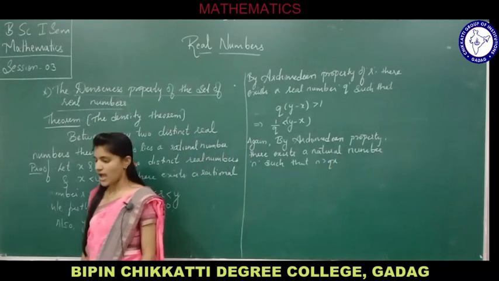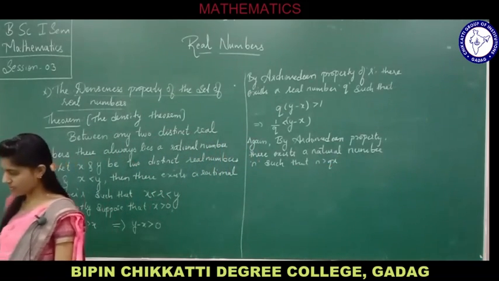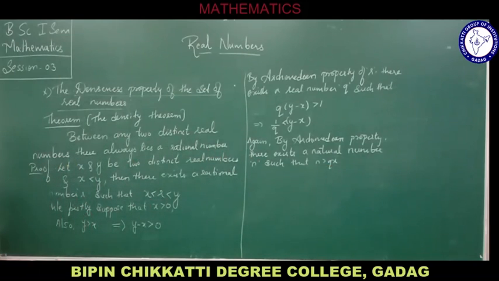Again, by this Archimedean property itself, we got a natural number n such that n is greater than q into x.